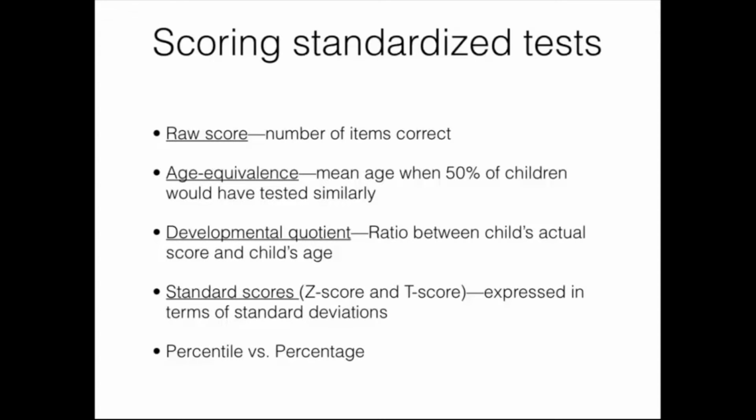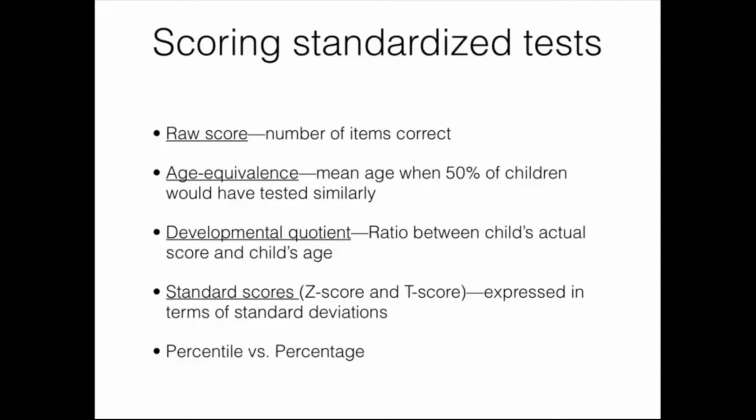That's what a developmental quotient does. It takes their score, takes into account their age, and then forces it onto a curve where 100 is average, and one standard deviation is between 85 and 115. Many tests will give us that developmental quotient.